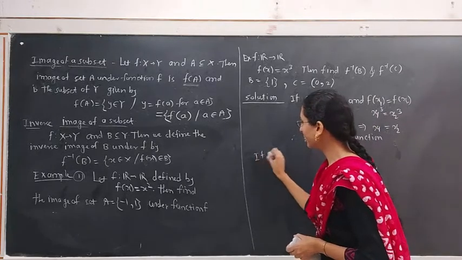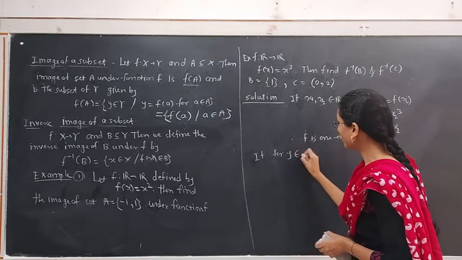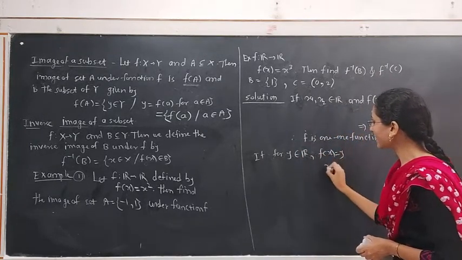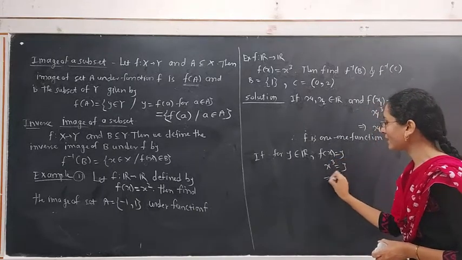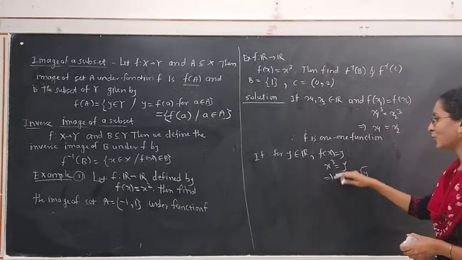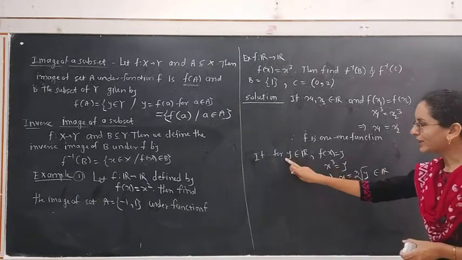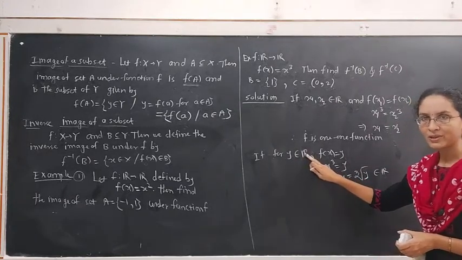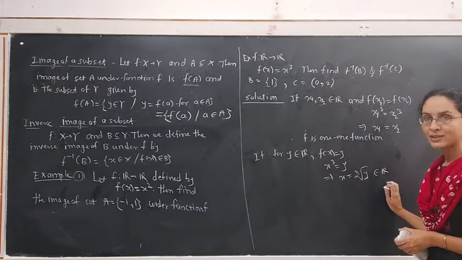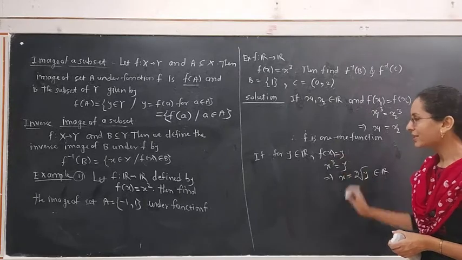Also, for y belonging to R, f of x is equal to y, that is x cube is equal to y, then we get the value of x as the cube root of y. Taking cube root of both sides, we get x belongs to R. Therefore, for a given y in the set of real numbers, we can find an x in the real numbers that satisfies f of x equal to y.